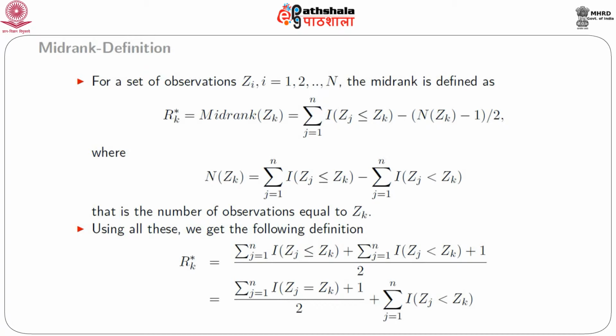Thus, incorporating all these into a single quantity, we get the definition of Rk star as the summation over j from 1 to n of the indicator of Zj equal to Zk, plus 1, whole thing divided by 2, plus the summation over j from 1 to n of the indicator Zj less than Zk.